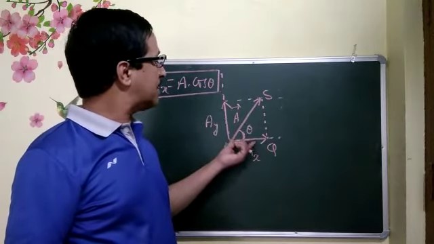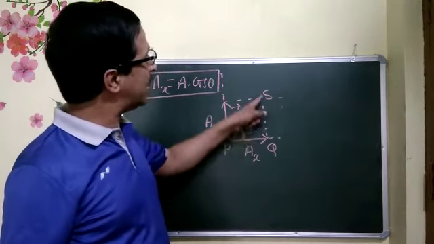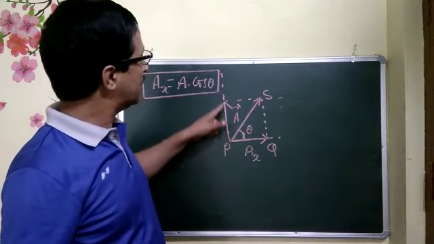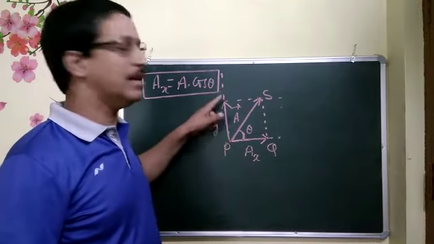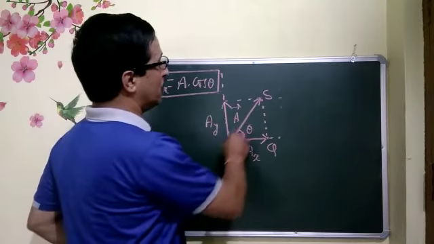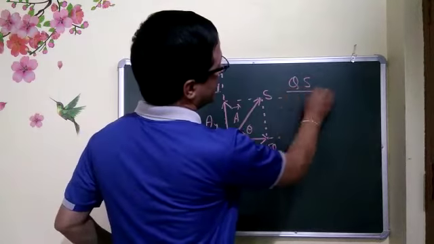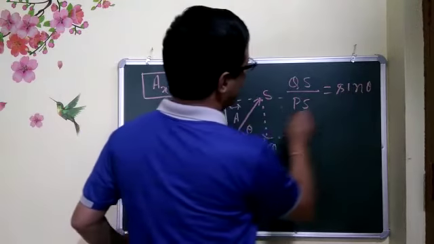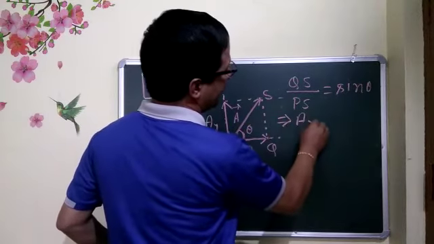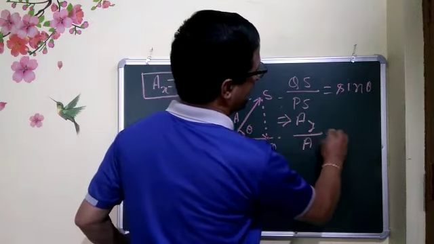Now from this triangle it is clear that QS is equal to the magnitude of the vector component ay. So QS upon PS is sin theta. It means ay upon A equal to sin theta.